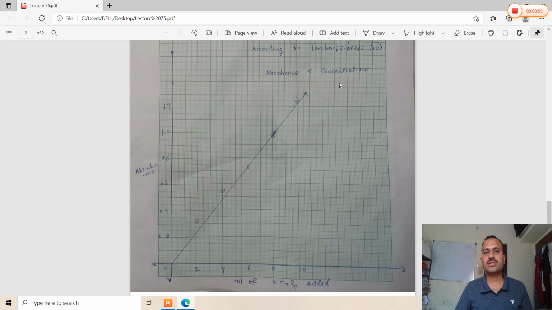This is the general statement of Lambert-Beer's law. And here the path length remains constant, exactly equal to 1 centimeter, because the cuvette has a diameter of 1 centimeter. So naturally absorbance is directly proportional to concentration.